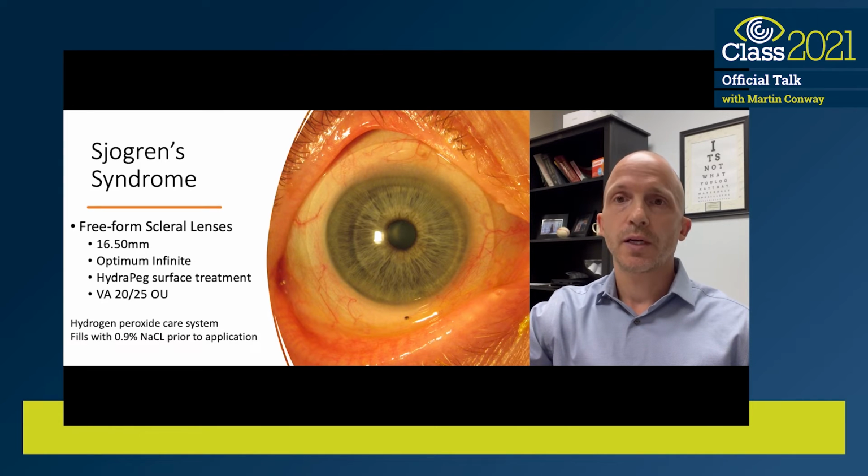With her manufactured contact lenses after dispense, she was able to see 20/25 vision in both her right and left eyes. Overnight, she cleans and disinfects the contact lenses with a hydrogen peroxide care system, and prior to application, she fills her scleral lenses with 0.9% sodium chloride saline solution.